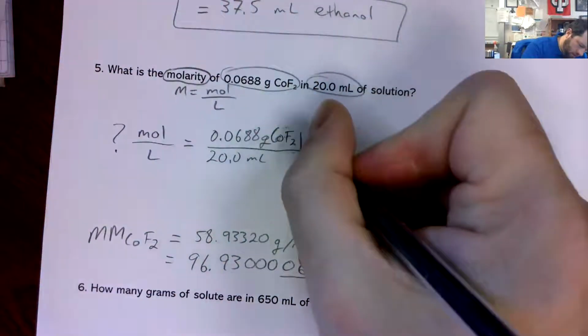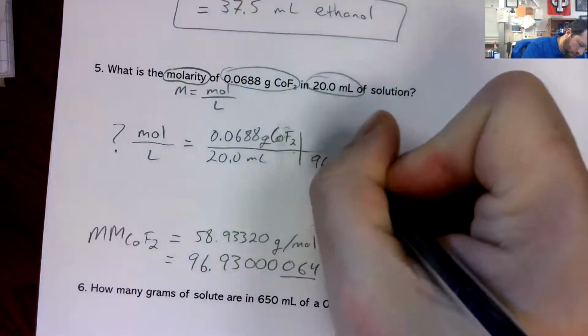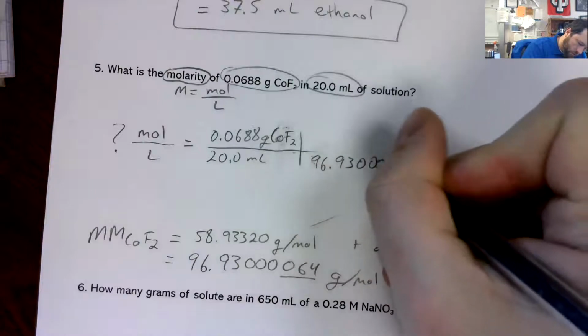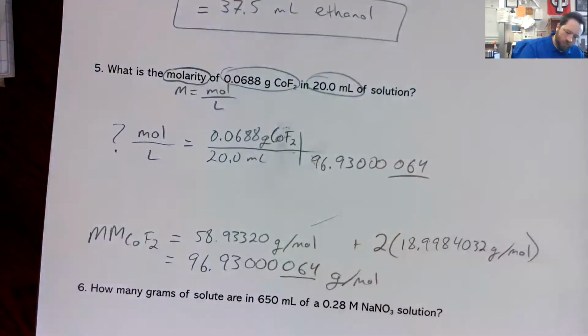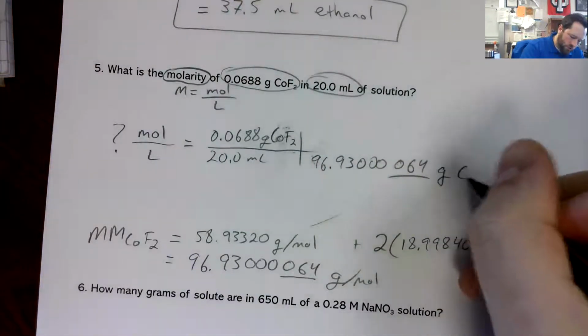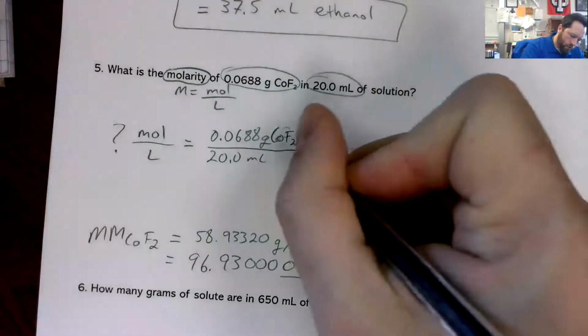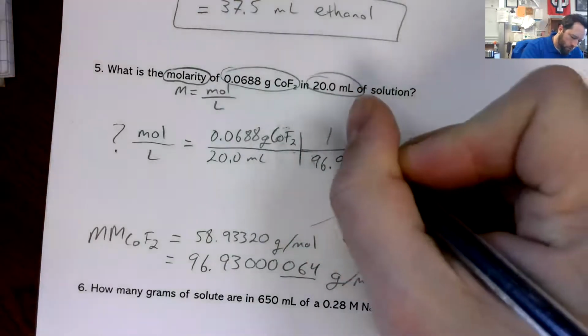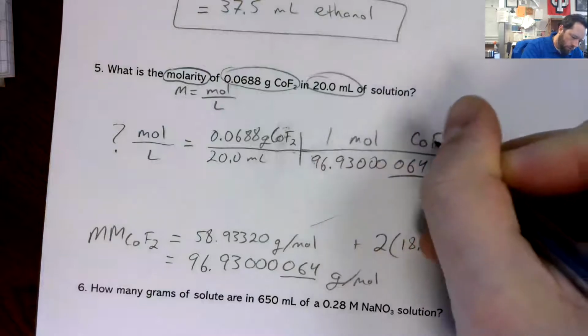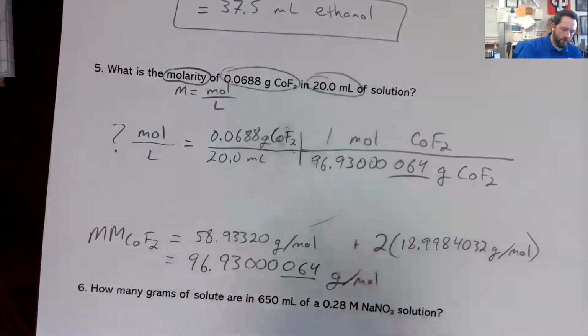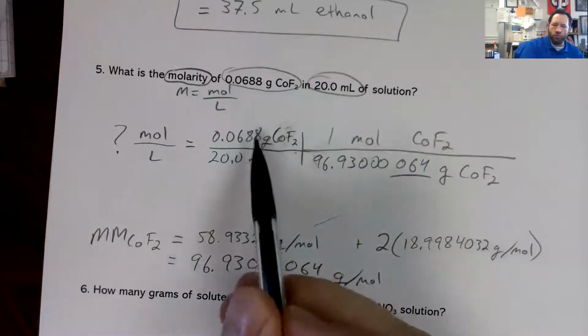So that means we have 96.9300064, and I'm going to underline those last 3 digits, grams cobalt fluoride per 1 mole cobalt fluoride. And there we go. We have successfully gotten grams out of there.